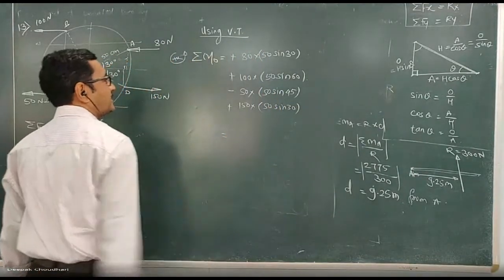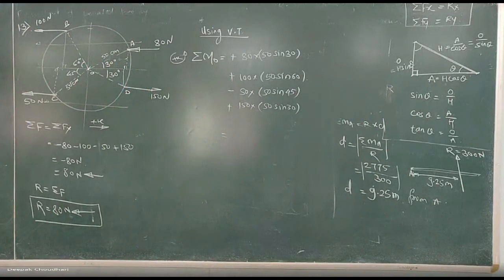Simplify this, you will get the moment. Everything will be calculated in one step. Type this equation as it is: 80 multiplied by 50 sin 30 plus 100 into 50 sin 60 minus 50 into 50 sin 45 plus 150 into 50 sin 30.